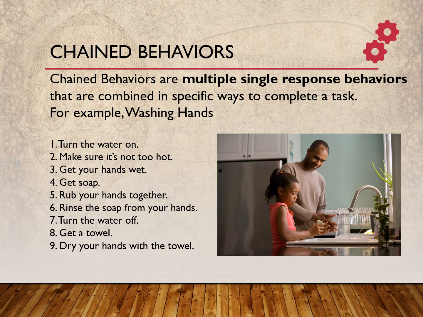Each one of these would be a discrete or a single behavior that has come together to make up a total task of washing your hands. Chain behaviors can be complicated in terms of the breakdown, or it can be very easy. It can be 4 steps or 3 steps depending on the student and the level of assistance that they need.